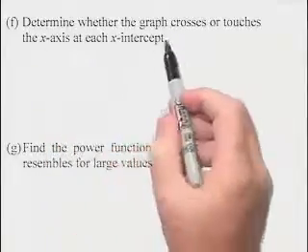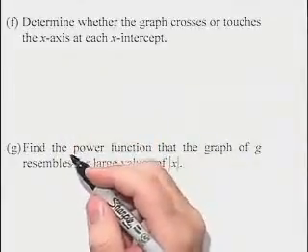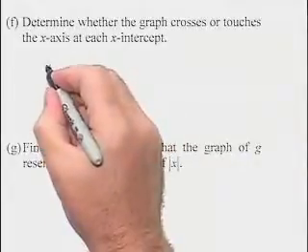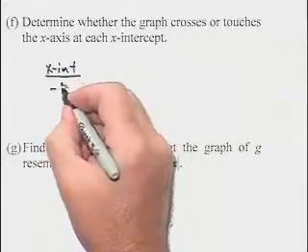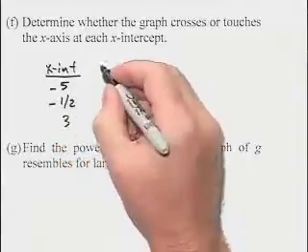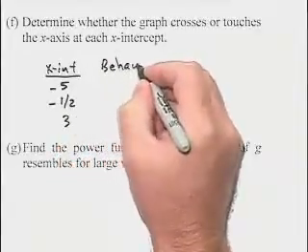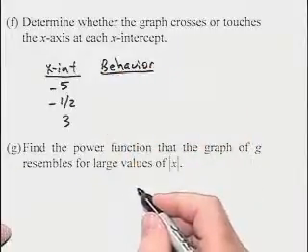Next, we're going to determine whether the graph crosses or touches the x-axis at each x-intercept. If we list our intercepts, we had negative 5, negative 1/2, and 3. And we're interested in the behavior of the graph at each of those x-intercepts.